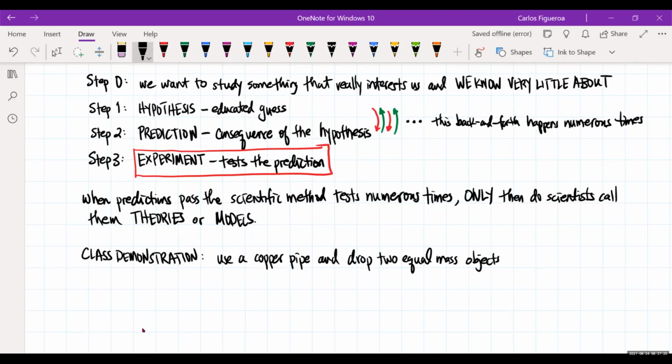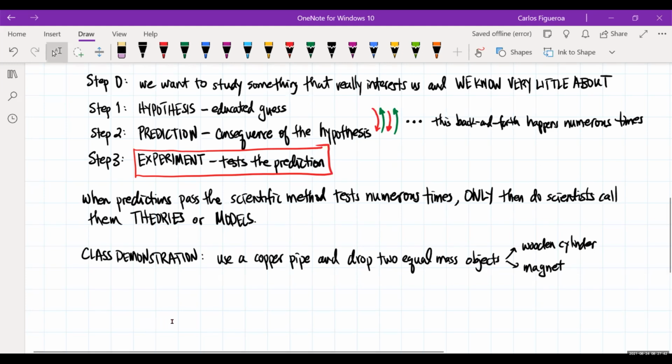So what do I mean by that? One of these objects is a wooden cylinder, and the other one is a magnet. Okay, you would drop it.